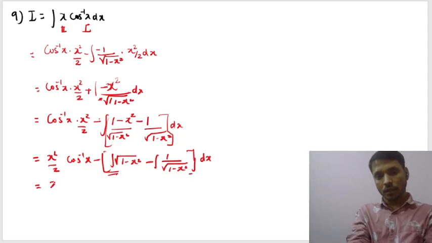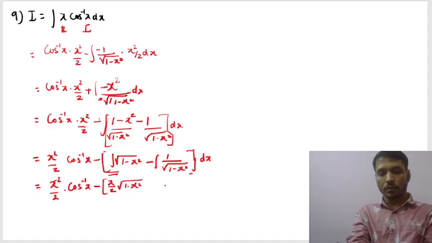What is the formula for this? So here it is x square by 2 cos inverse x minus under root of 1 minus x square. So here the answer will be x by 2 under root of 1 minus x square plus a square by 2, that means 1 by 2, and sine inverse x.